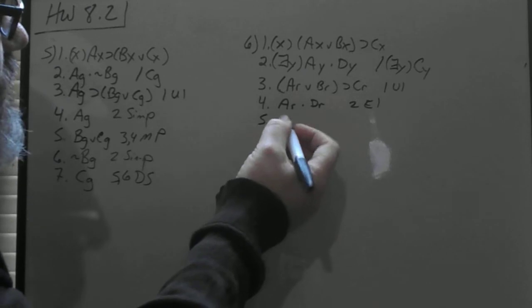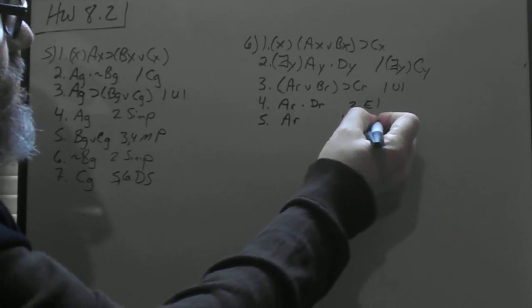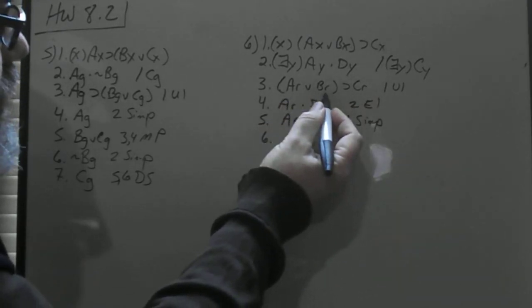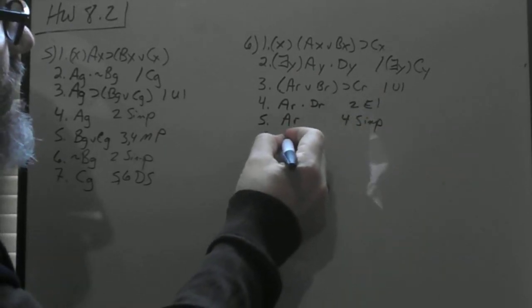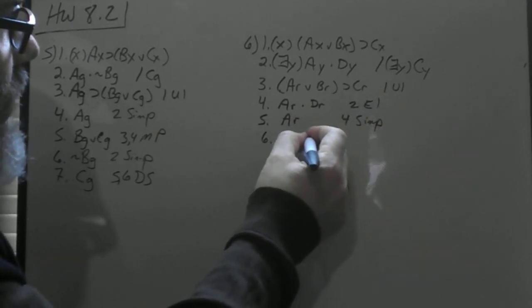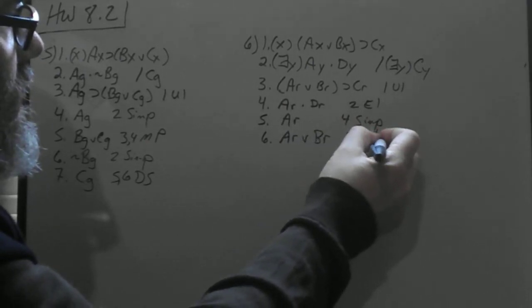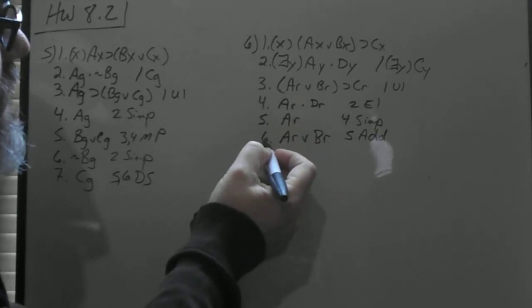So I'm going to take line 4, AR and DR, and simplify to make it AR. And then we want AR or BR, right, because it's the CR we're going to want. So using addition, you can add anything you want. So we're going to add a BR to that. And so now 3 and 6 make a modus ponens.